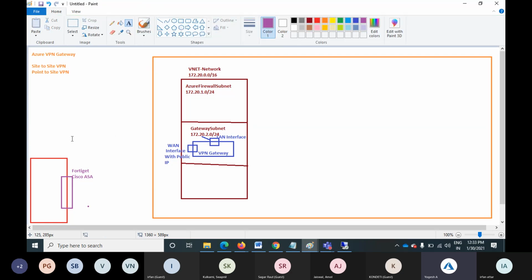Okay, and from that firewall you can have the connectivity between your on-prem and cloud-prem. When you compare with the Azure firewall, Azure firewall is responsible only for web traffic. Your Azure firewall does not support the IPsec traffic. IPsec traffic is nothing but your IPsec tunnel, which is your site to site tunnel.